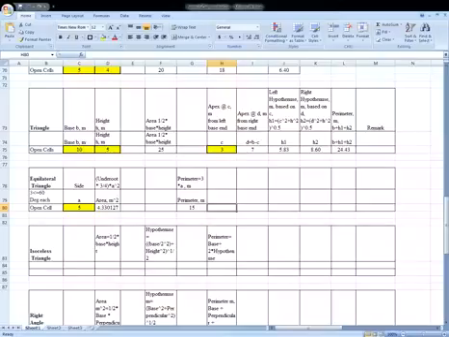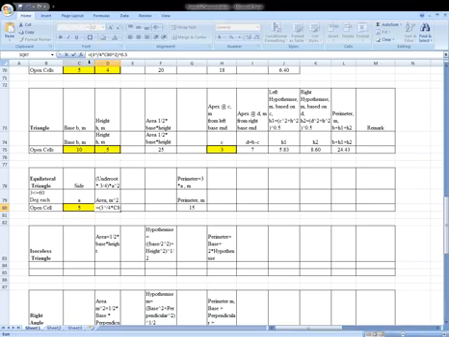Root 3 over 4 means root 3, that is 3 to power 0.5, divided by 4 into a square.